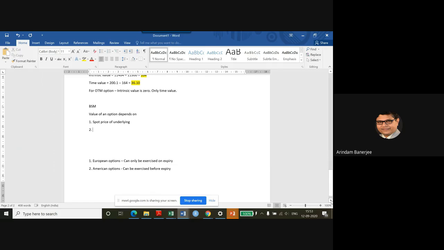2, the rate of interest. 3, time to expiry. 4, volatility of underlying.